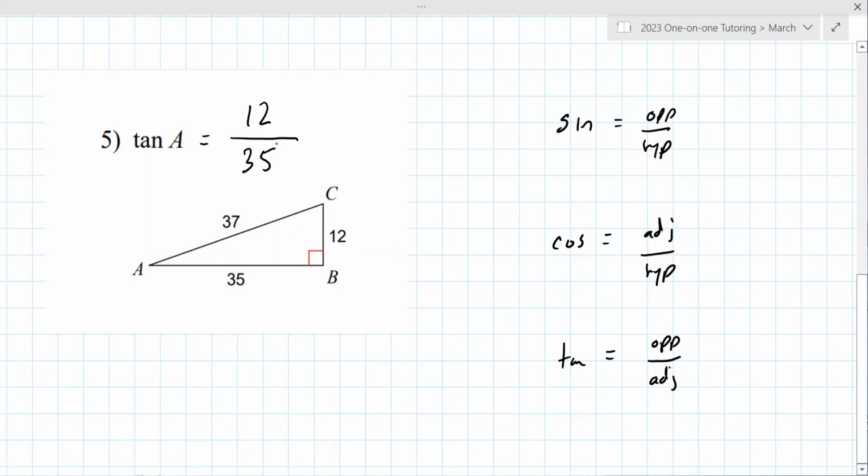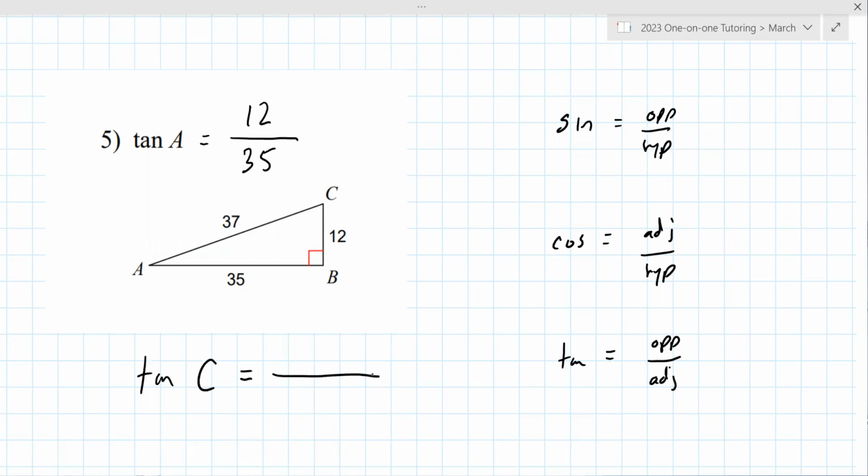Very good. What is the tangent of C? The tangent of C is opposite over hypotenuse.